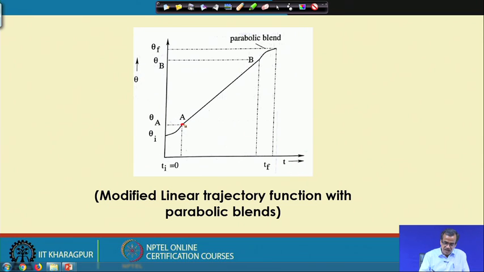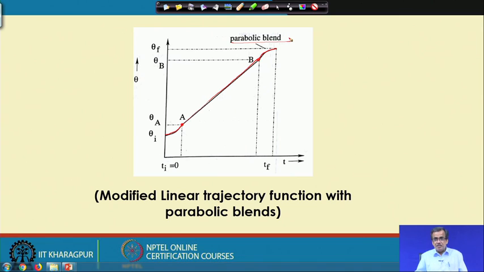From point A to point B it is a pure linear function, but at the beginning we put one parabolic blend, that is a second order curve, and at the end we put another parabolic blend, a second order curve. It is not a cubic polynomial, it is a second order curve, a parabolic blend.